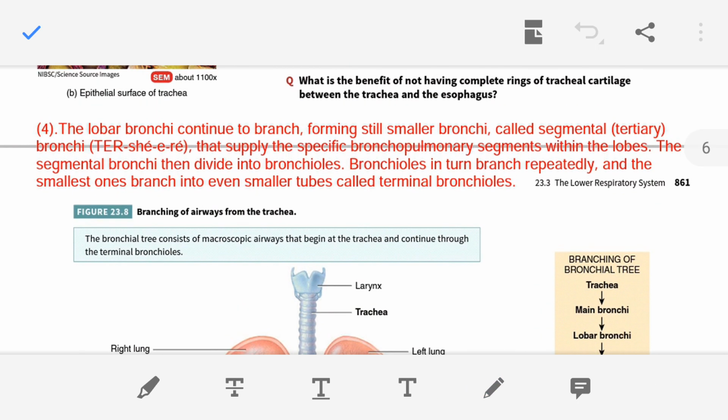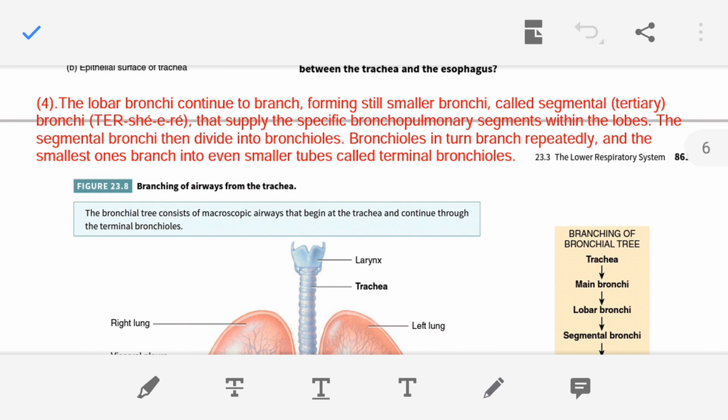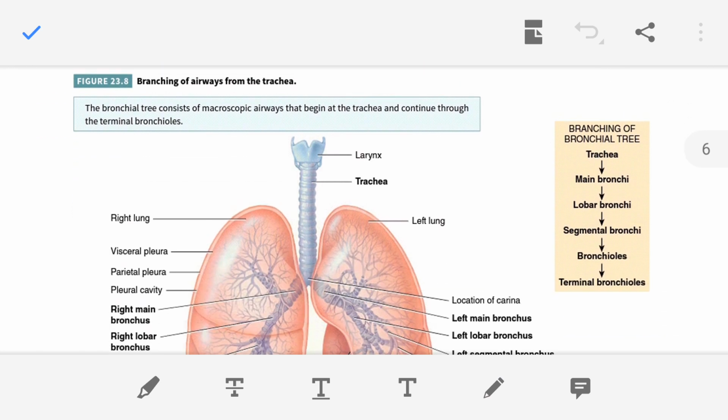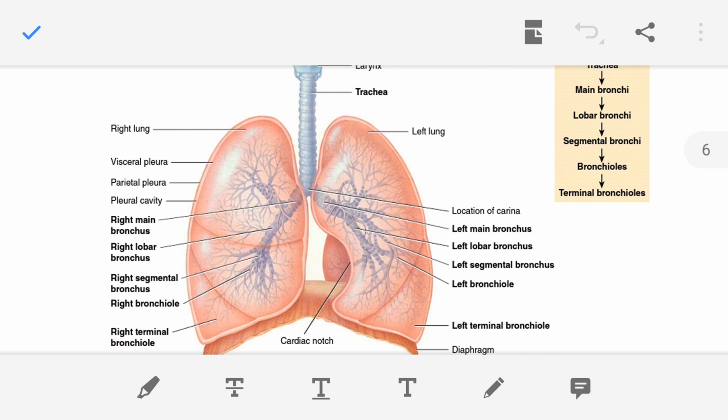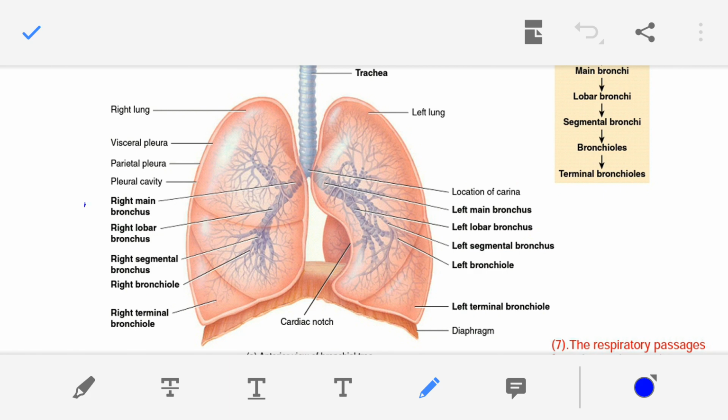So this theory point, if you prepare this way, explains this thing. Here you see, for example, the right main bronchus. Then it is divided into the right lobar bronchus.